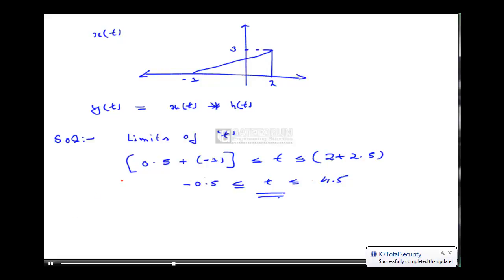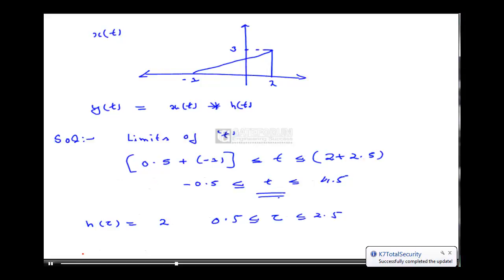I'll write the expression of ht and xt in terms of h tau and x tau. So h tau is equal to 2 for 0.5 less than equal to tau less than equal to 2.5. Expression for xt can be found by using the equation of line.